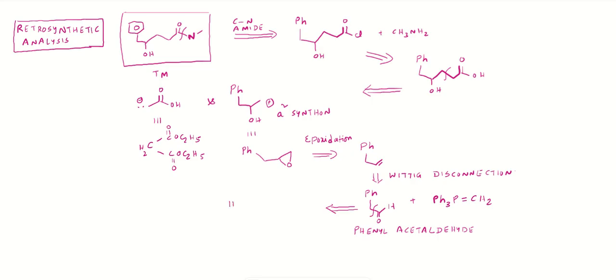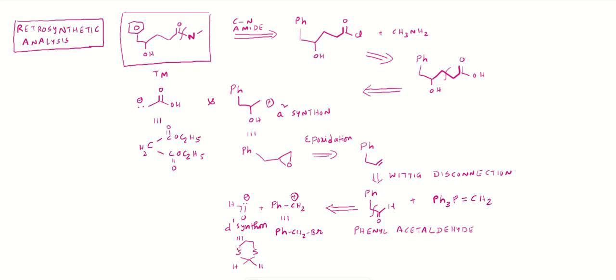Then we'll get HC=O minus plus we have PhCH2 plus, which is identically equal to PhCH2Br, and this is the d1 synthon. Now the synthetic equivalent for this is dithiane.